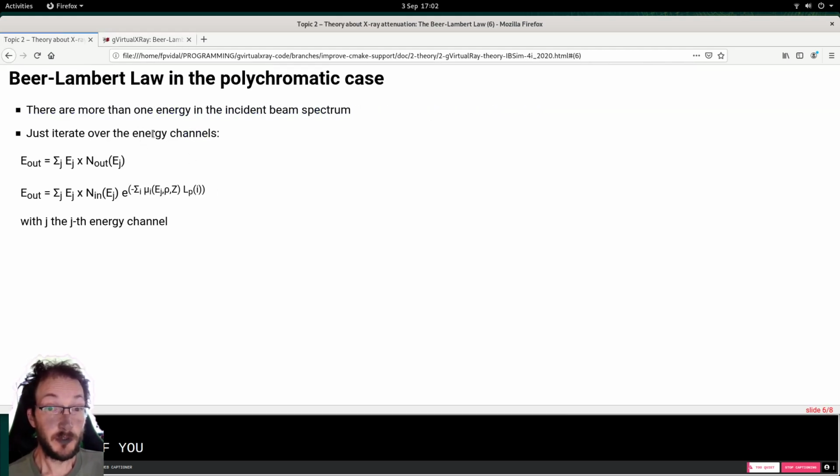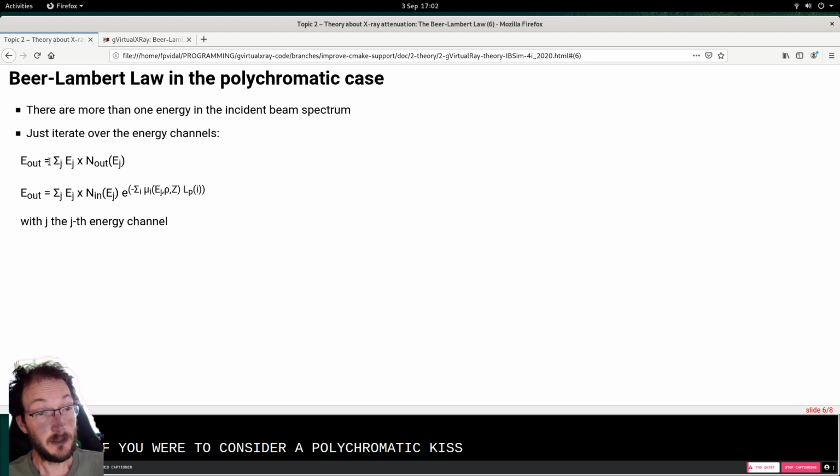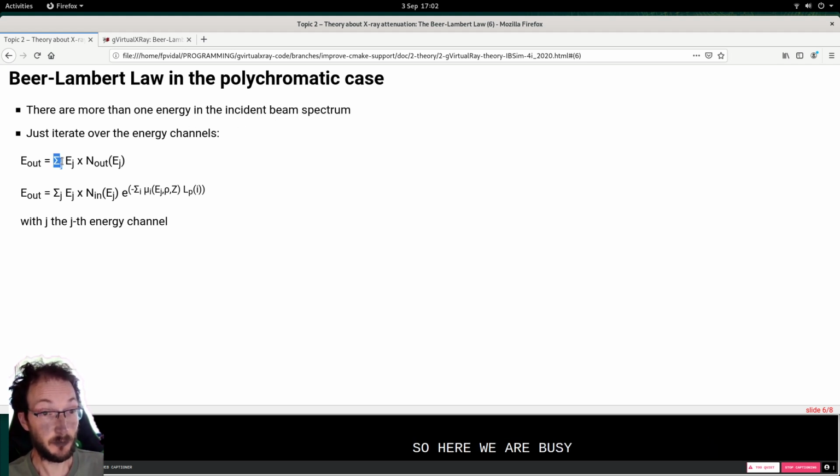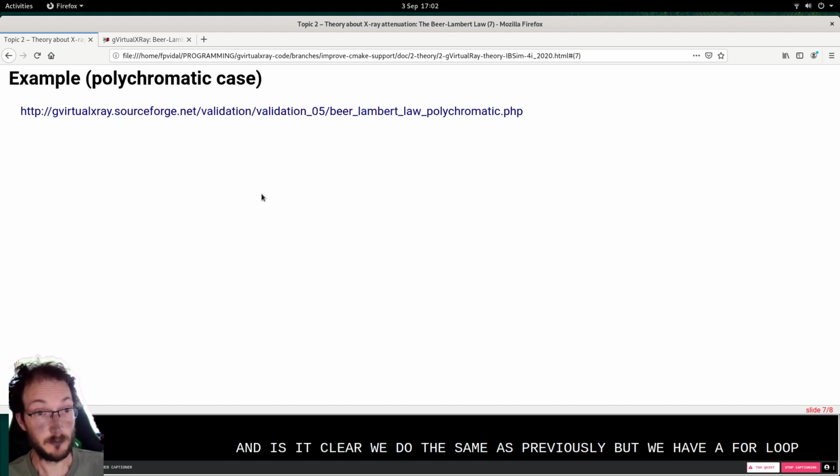If we were to consider a polychromatic case, we need to iterate through all the energies present in the incident beam. So here we have this extra sum to go through all the energies. Basically we do the same as previously, but we have a for loop.